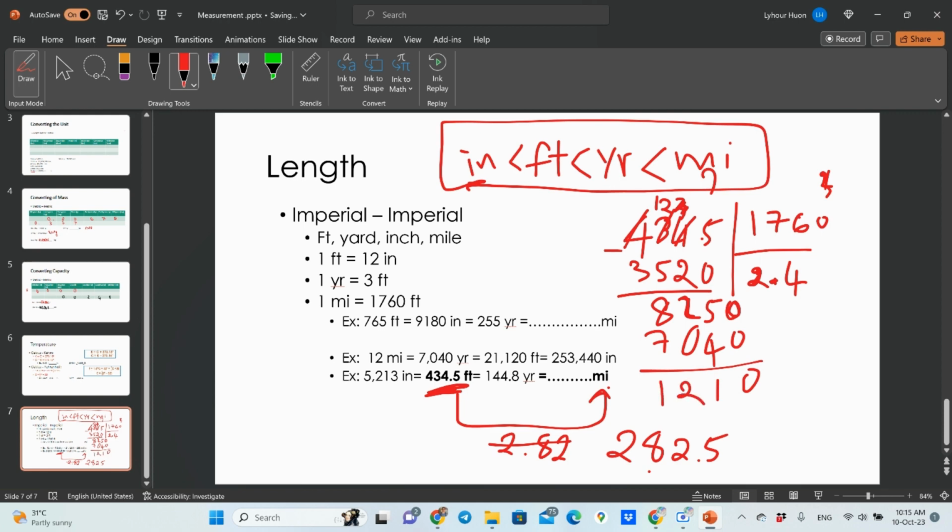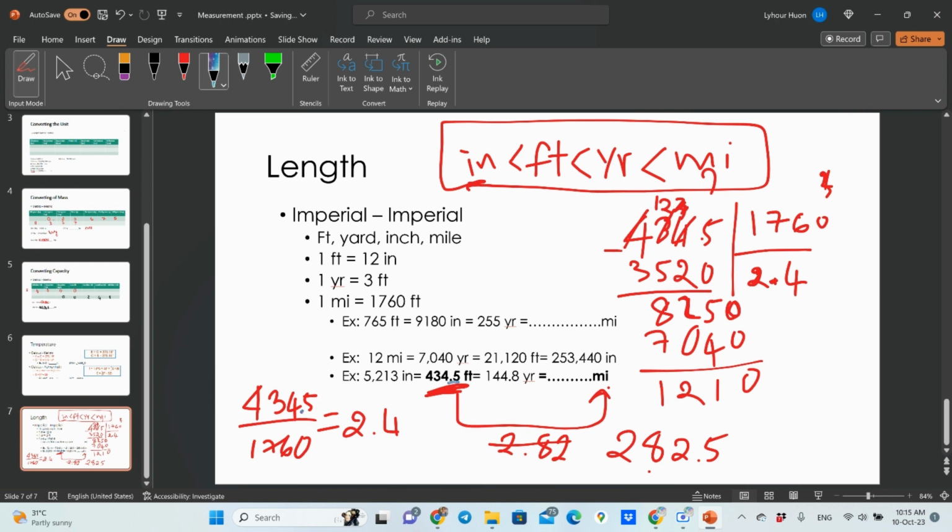Okay, and go on. So we will have more, but now we have one digit. Why do I take one digit? Because we will have another digit here, correct? So it's 4,345 divided by 1,760. The result will be 2.4, correct? But our number is 0.5 here, so we have one digit here.